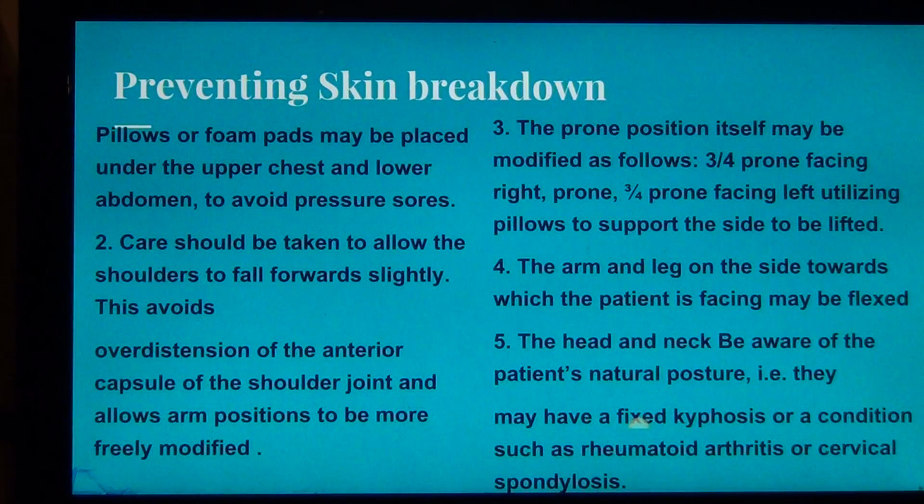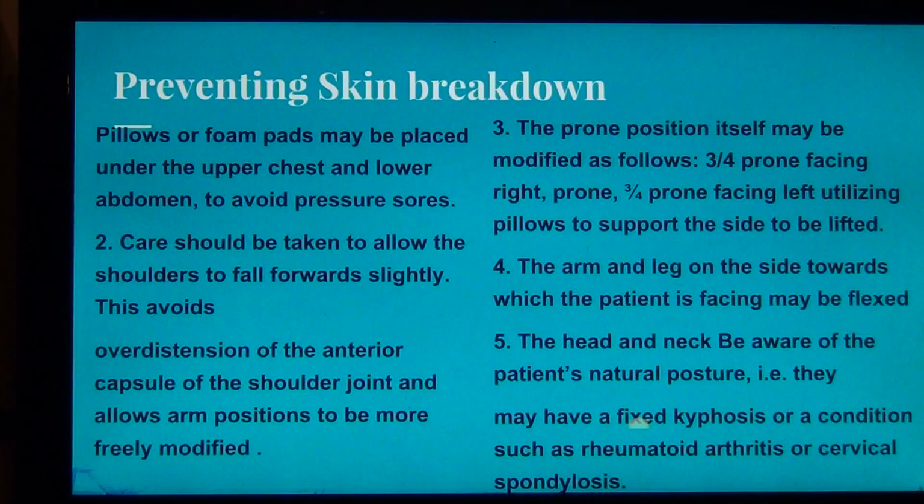For preventing skin breakdown, pillows or foam pads may be placed under the upper chest and lower abdomen to avoid pressure sores. Care should be taken to allow the shoulders to fall slightly. This avoids overdistension of the anterior capsule of the shoulder joint and allows arm position to be more freely modified.